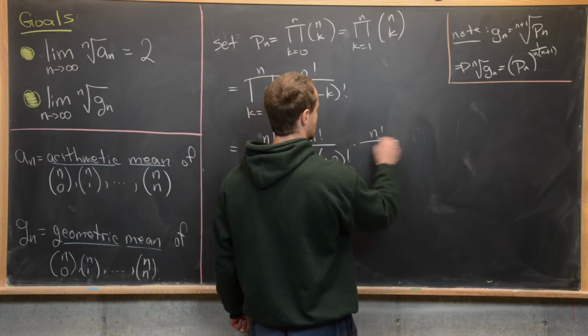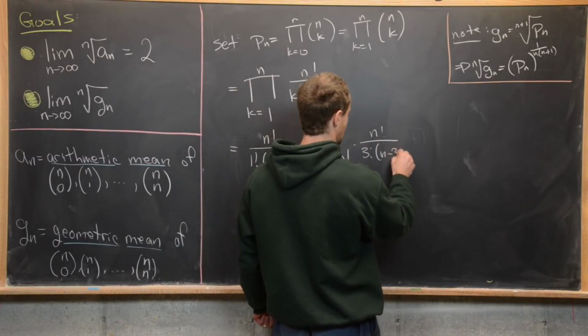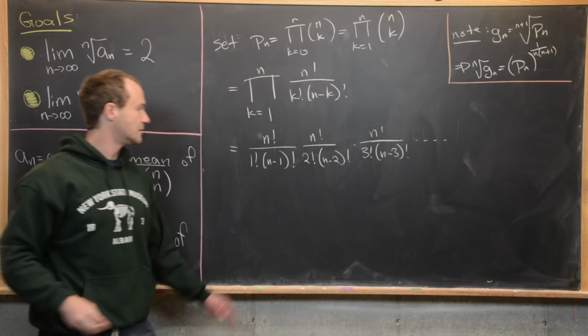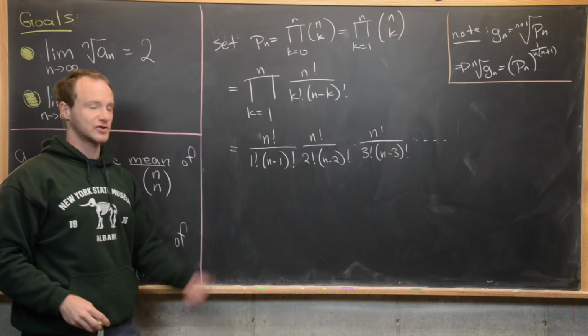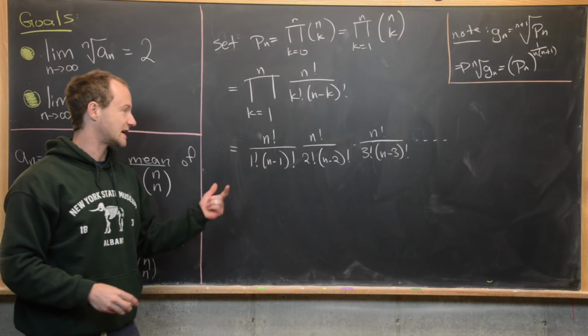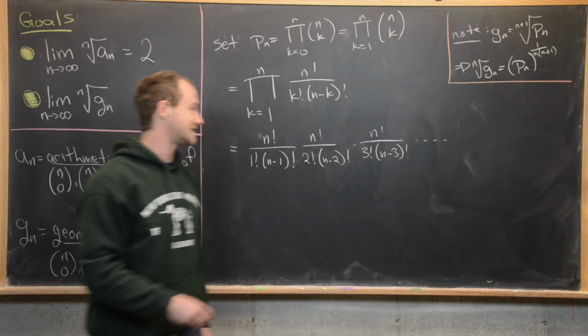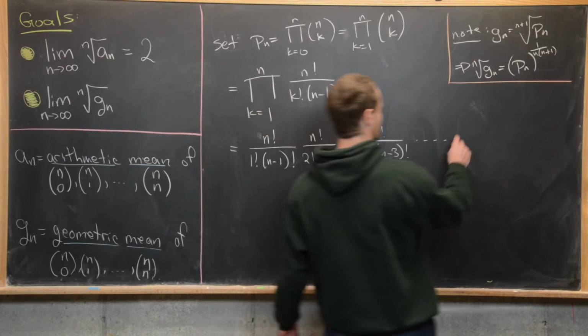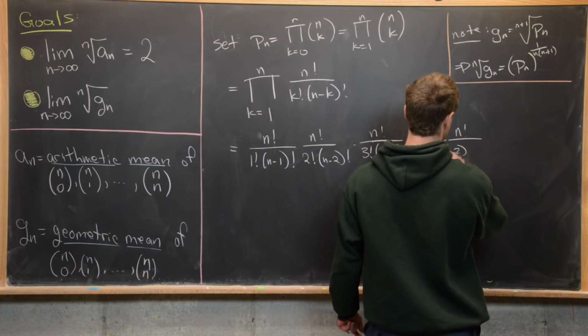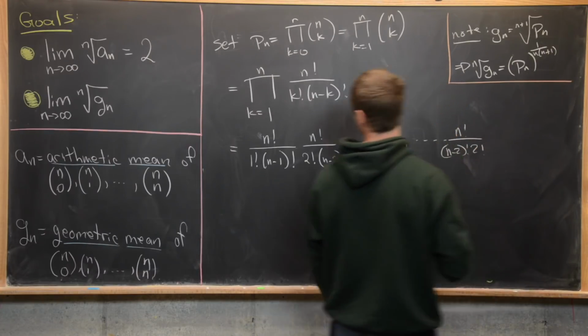Next is going to be n factorial over 3 factorial, n minus 3 factorial, all the way up to, but there's some symmetry in the binomial coefficients that you might have seen in Pascal's triangle. This is going to end the same way that it started, just in reverse. So we'll have n factorial over n minus 2 factorial times 2 factorial.